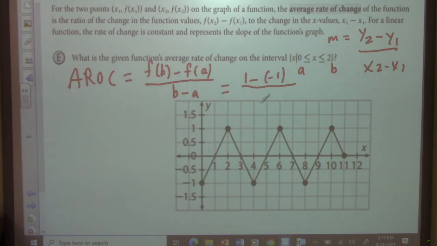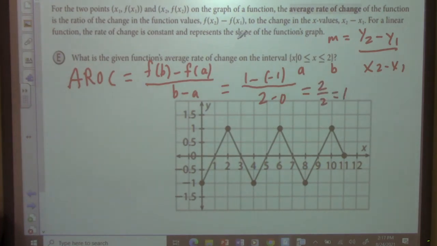So that's 2 minus 0. What's that going to be? What's 1 minus negative 1? 1 minus negative 1 is 2, right? So we have 2 over 2, which equals 1.